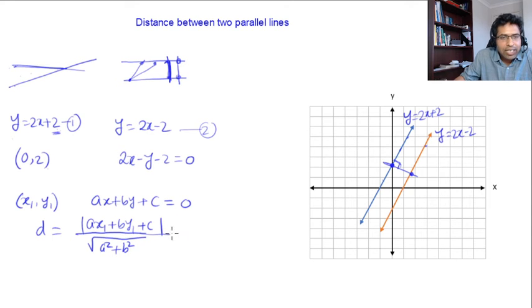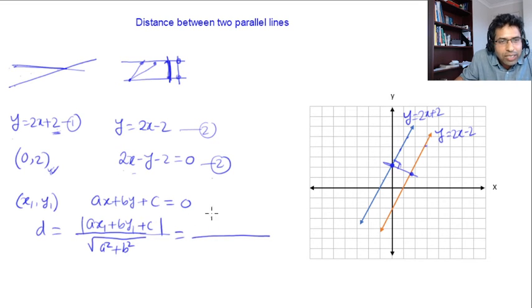So if we do that substitution, our equation is 2x minus y minus 2. We are looking for the perpendicular distance from this point to the second equation.